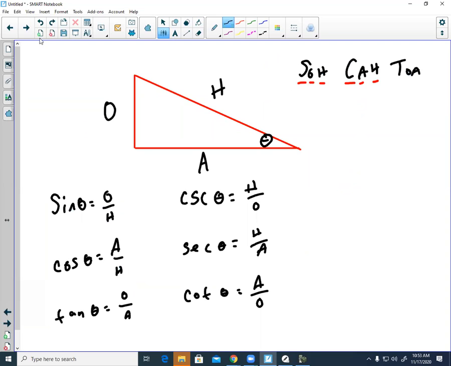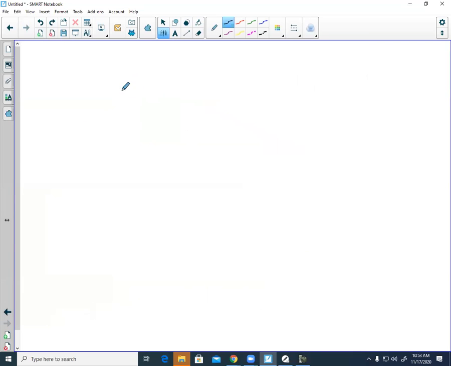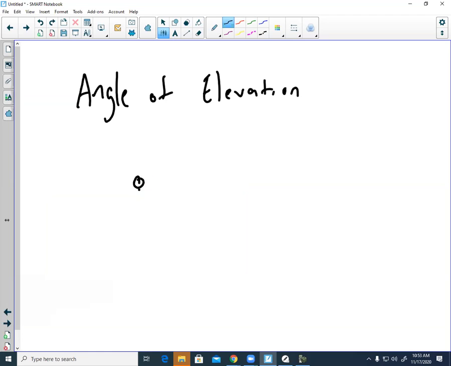All right. So real quick, angle of elevation. These go along with word problems. So this would be something along the lines of a 5 foot tall person standing a certain distance away from a tree.